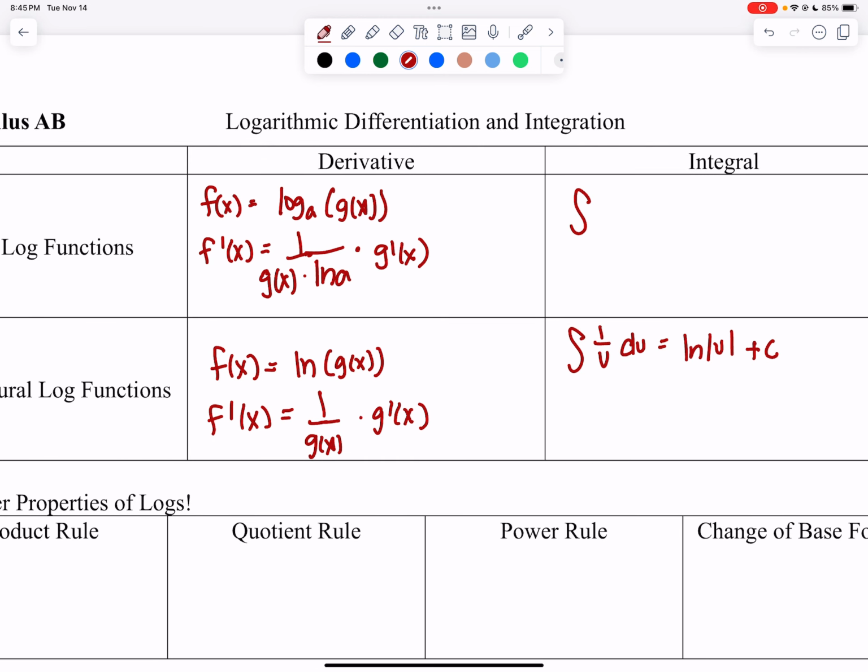So your integral here of 1 over x ln of a dx will give you log base a of x plus c.